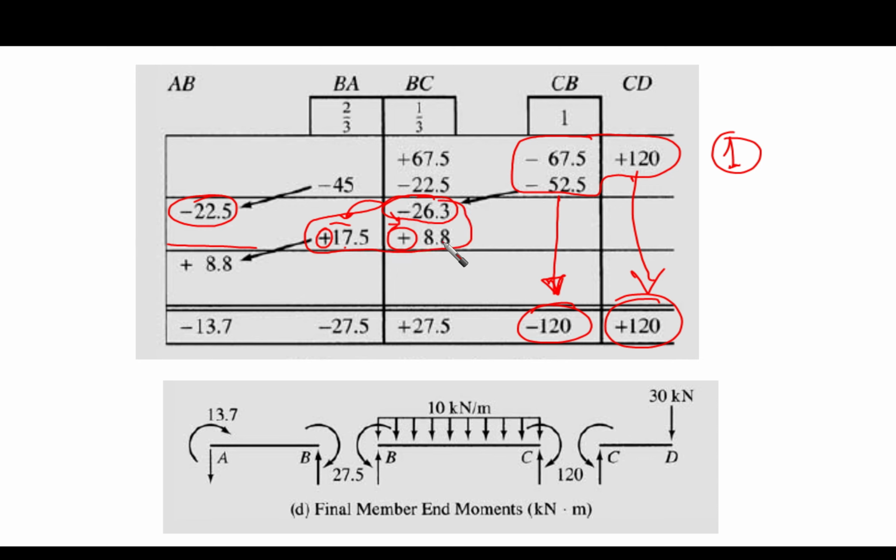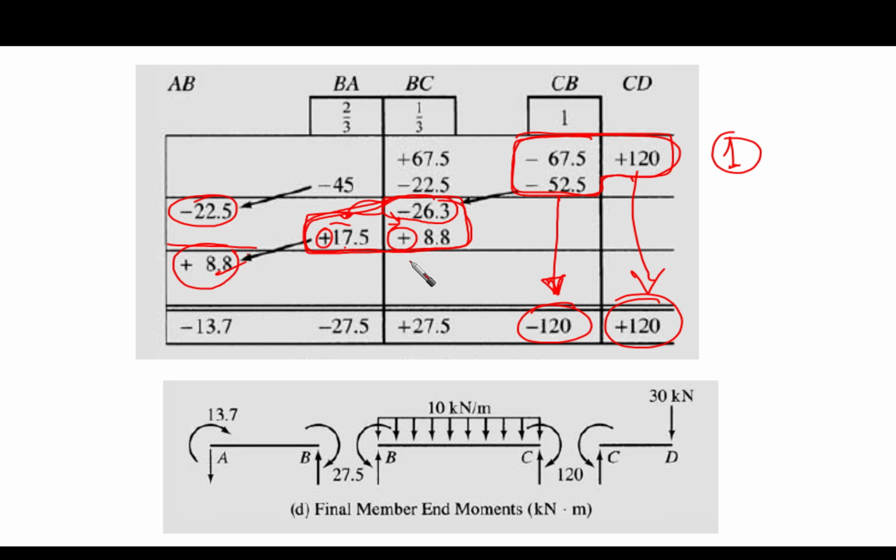As you can see, the moments are reducing. At the same time we balance joint B, and joint C was already balanced from the previous step. So now there is nothing to balance after that. We just make one carryover to the far end here, half of 17.5, and that's it.